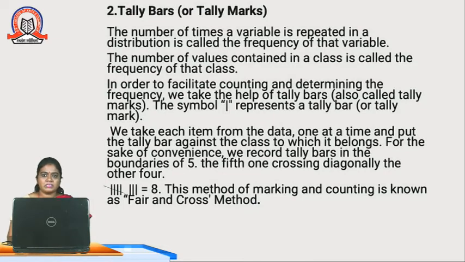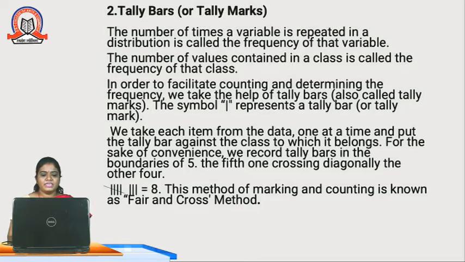There is a procedure. The number of times a variable is repeated in a distribution is called frequency. We have already seen that the number of values contained in a class is also called frequency. In order to facilitate counting and determine the frequency, we use the tally mark symbol or tally bar.